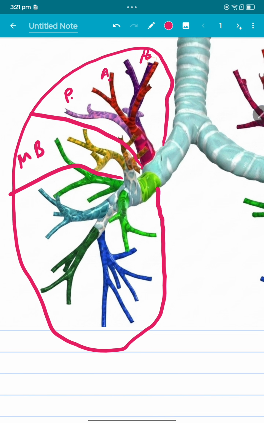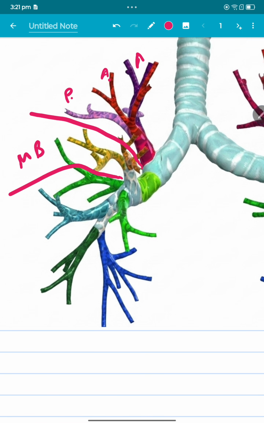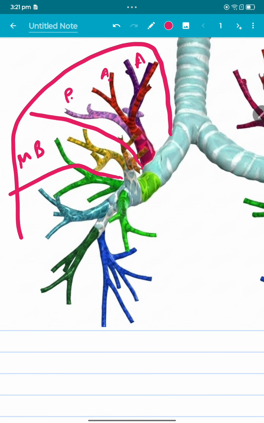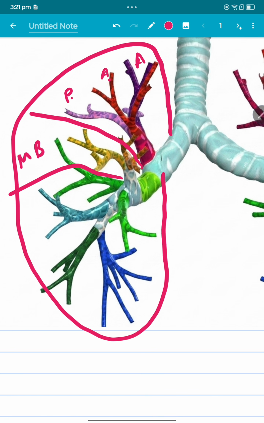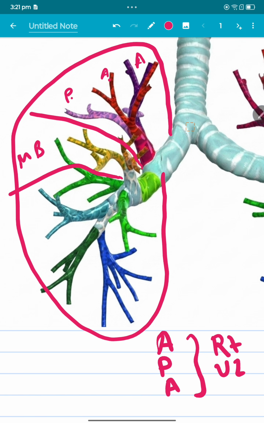The mnemonic for the right upper lobe is A, P, A. Apical is the B1 segment, B2 is the posterior segment, and B3 is the anterior segment.